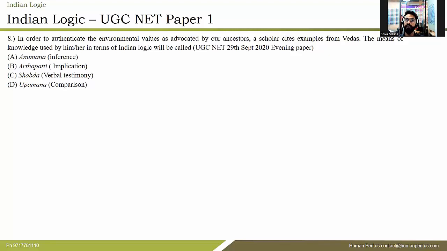What is actually happening? A person is mentioning a person who has known about it, who has knowledge about it. So this is verbal testimony or shabda. They are quoting people who have knowledge about this particular topic. The correct option is C.